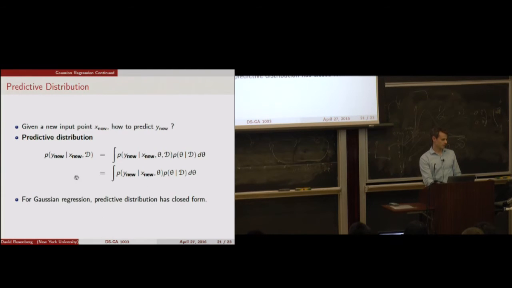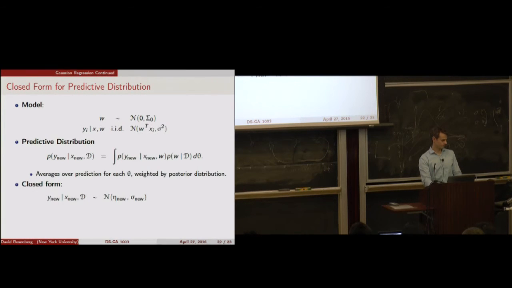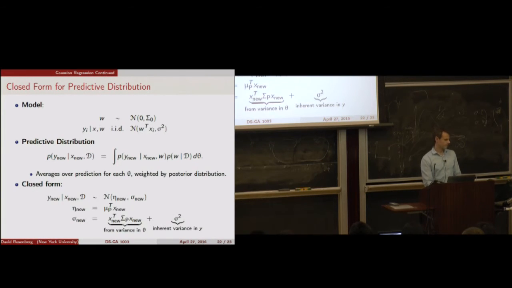So for Gaussian regression, this comes out to have a closed form, which is very nice. Let's write that down here. Given a new data point, the posterior predictive distribution for y given x is again Gaussian. The mean is kind of what you'd expect.